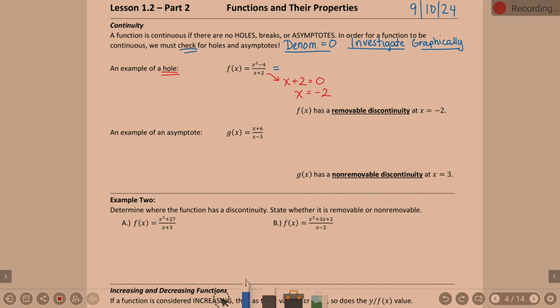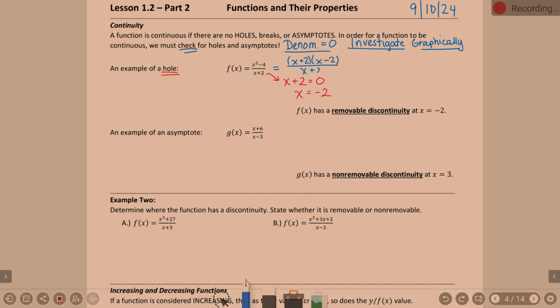Does that sound familiar? I call it difference of squares officially. When it's 2 perfect squares being subtracted, it can factor into 2 parentheses. X squared breaks into x and x. The square root of 4 is 2, so 2 and 2. Multiplying to be a minus is a plus and a minus.